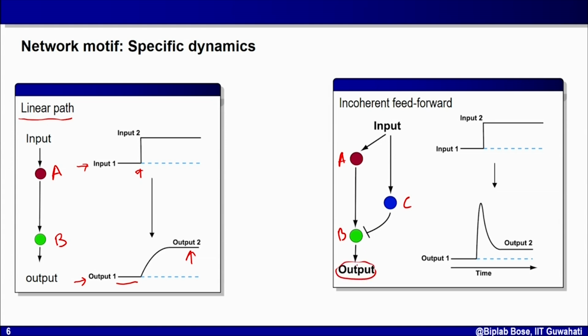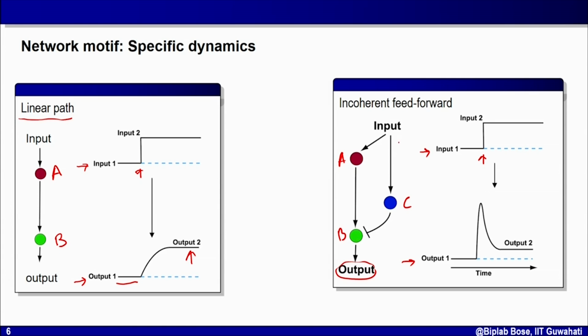So again, if I have kept input at input 1, a lower value, suppose I get an output 1. Now all of a sudden, if you increase input to input 2, what will happen? Without going into our model, if I look into the structure of the network, I can easily, intuitively guess what can happen here. As you increase input, input goes through A to B and output should increase.